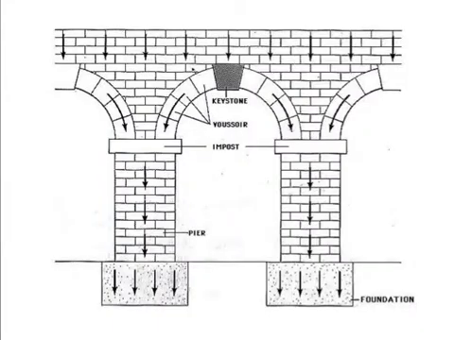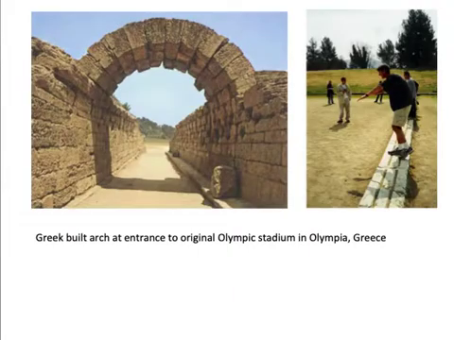So they figure this out: in post and lintel, gravity goes straight down, and that's a problem. But when you start using arches, that changes everything, because gravity goes around and into the corners. So when you switch from a flat top to a rounded top, you can start building bigger and better things.